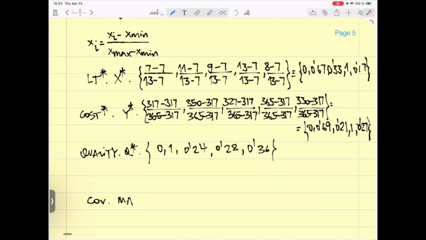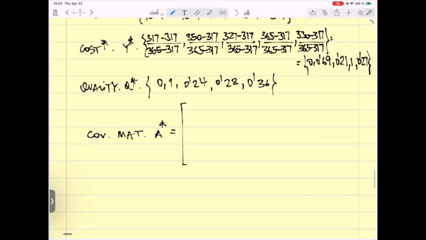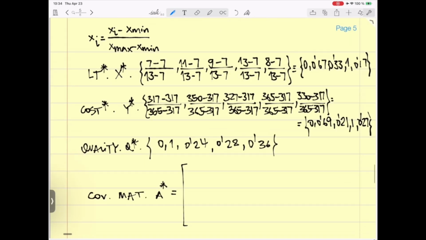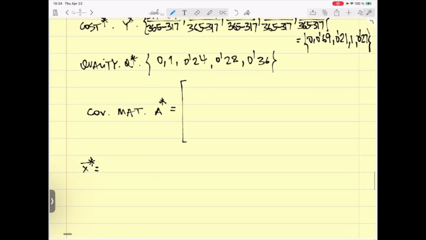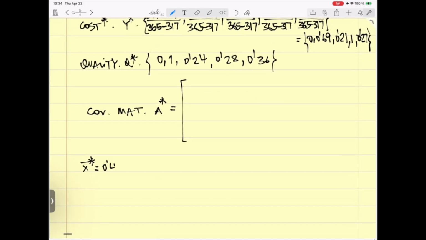With this data, let's say A star. Okay, so now let's start. We need the mean value of the data above. If you perform the mean value of this, okay, I'm not gonna do it again. I'll just give you the result, 0.434. I highlight again, in the exam you have to show me all the equations, okay?